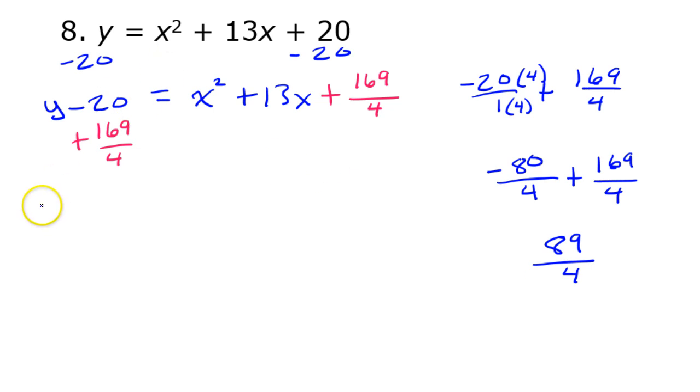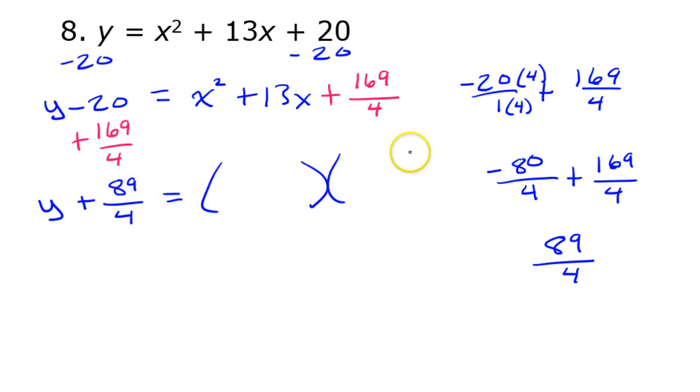Okay, so that means over here I have y plus 89 over 4 is equal to, and this can be factored. X squared, of course, will be x times x. 169 over 4, well, we got that by doing 13 over 2 squared.